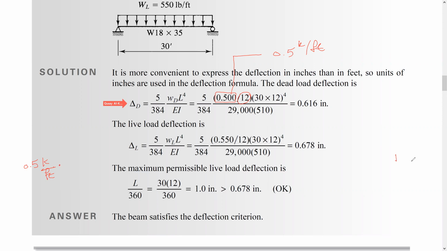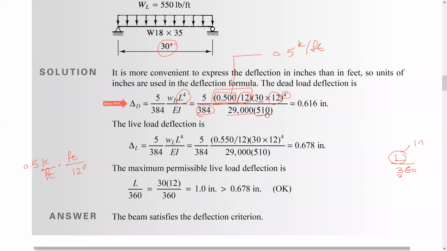Because the limit is L over 360, and this should be in inches. So it's good to get the deflection in inches instead of feet. One foot is equal to 12 inches, so that's what we did here. Times L to the power 4. L is 30 feet, and to convert it to inches, times 12 to the power 4, divided by this much here, times the Young's modulus, times the moment of inertia.